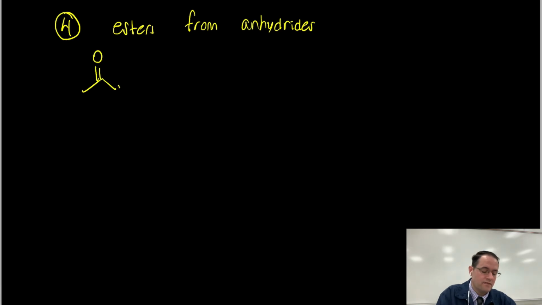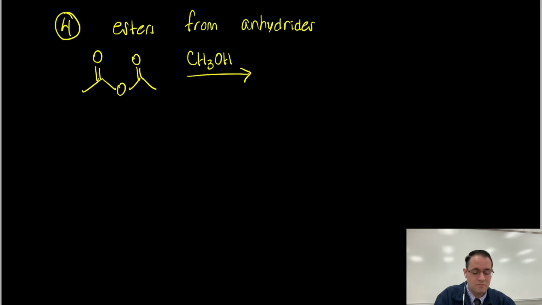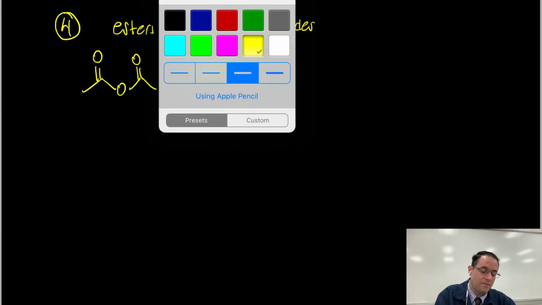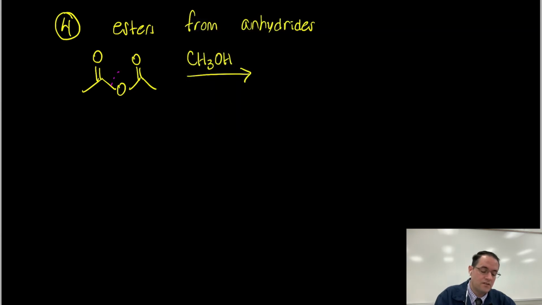So how do we make esters from anhydrides? So we have an anhydride, and we can add an alcohol to this, such as methanol. And this, again, is the leaving group.